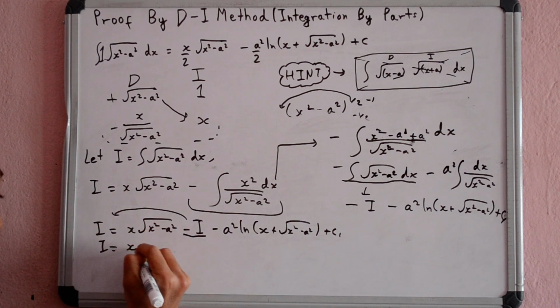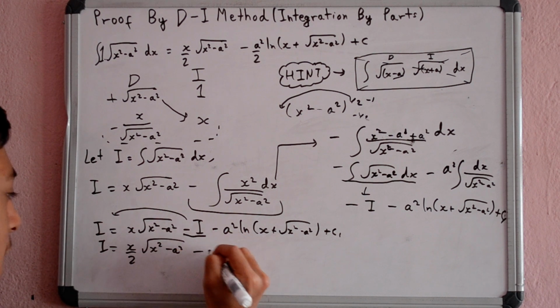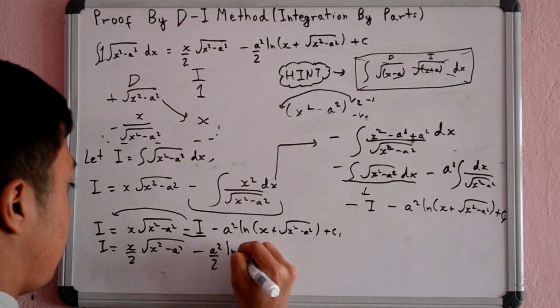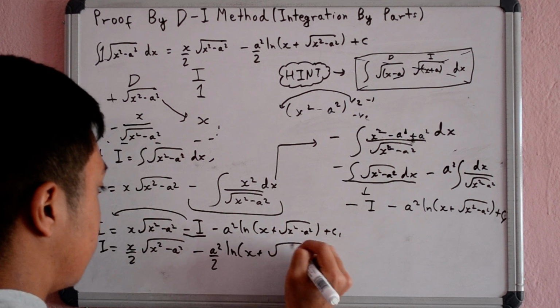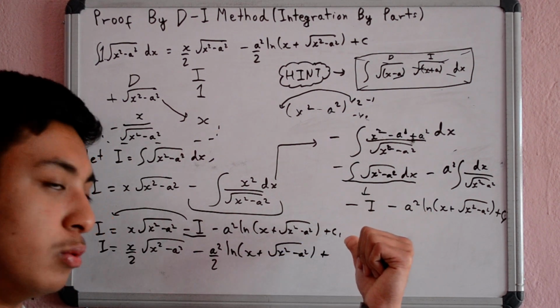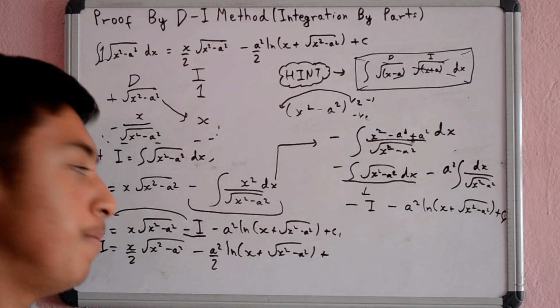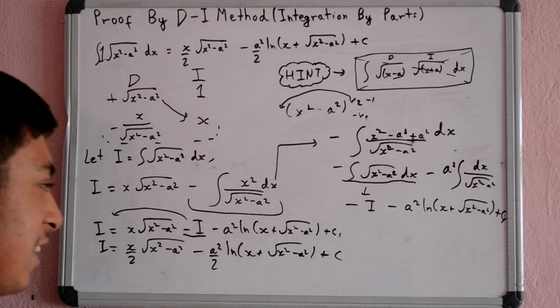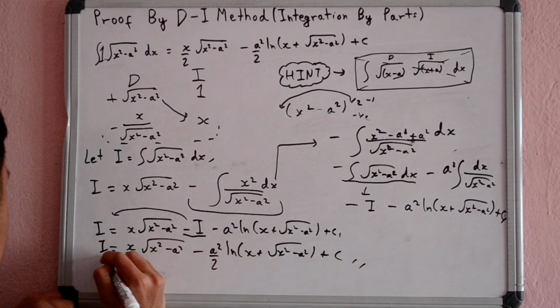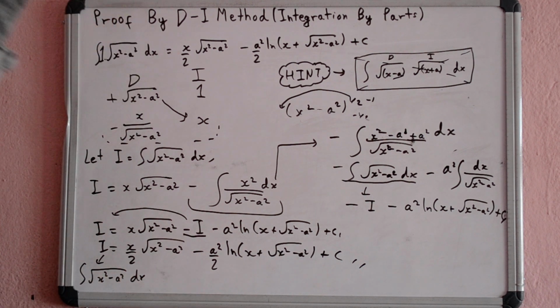So it's x by 2 root x square minus a square minus a square by 2 log natural of x plus root x square minus a square plus c1 by 2, which is just a constant divided by a constant, giving another constant. Let's just say c, and that is our answer because I is just the integration of root x square minus a square dx, and thus we have proven the standard formula.